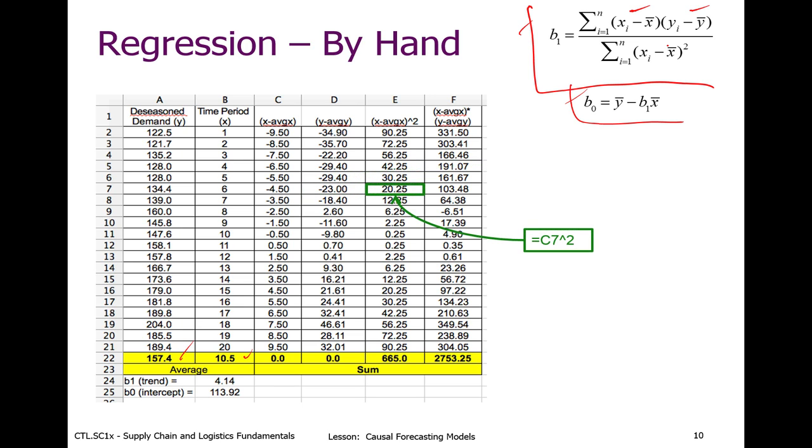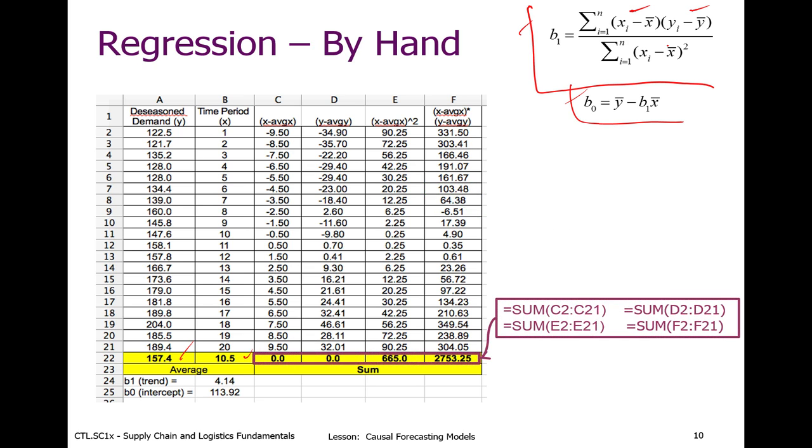In column E, I'm squaring the X minus average X terms. And then in column F, I'm multiplying the X minus average X times the Y minus average Y. Why am I doing all these? Because I want to sum them up, because that's what I'm going to be using in my estimate for B1. And then I'll use that for calculating beta naught.